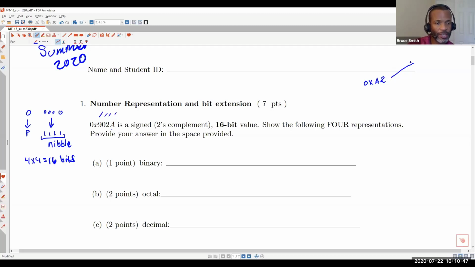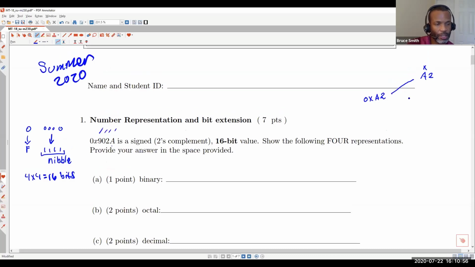So since this is A2, each one of those is a position, has a value, a multiplier rather. 16 to the 1 would be this one, and just this would be 16 to the 0. And this kind of increases. If there had been a third one, it would be 16 squared and so forth. But I just have 2 hex values.